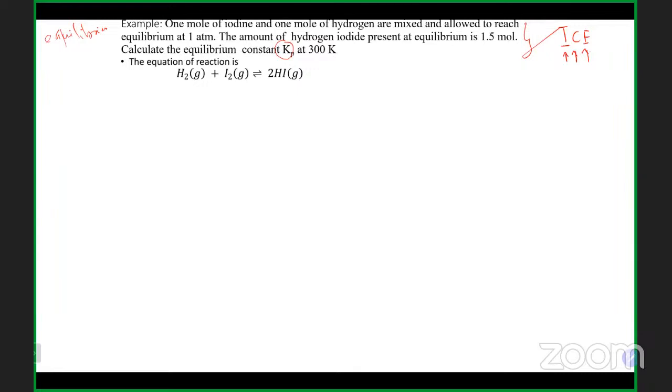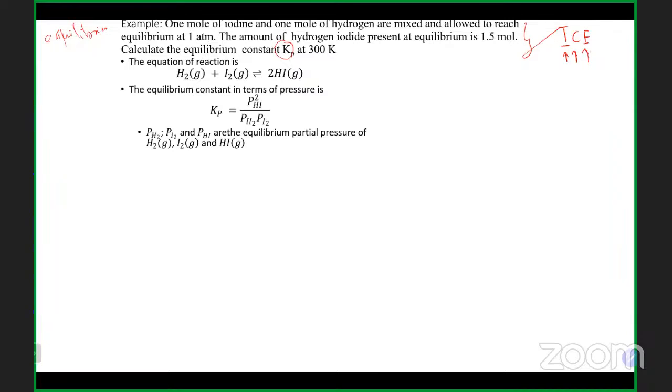The equilibrium constant for this expression, product over reactant, in terms of Kp is pressure of HI raised to power 2 because of these two, divided by pressure of H2 raised to power 1 because it is only 1 mole, and also divided by pressure of iodine raised to power 1 since there is only 1 mole. And again, PH2, PI2, and PHI are equilibrium partial pressures. These must be partial pressures measured at equilibrium.